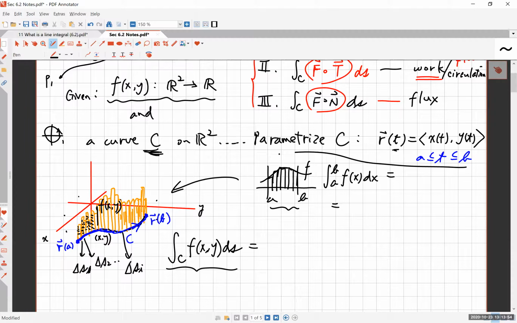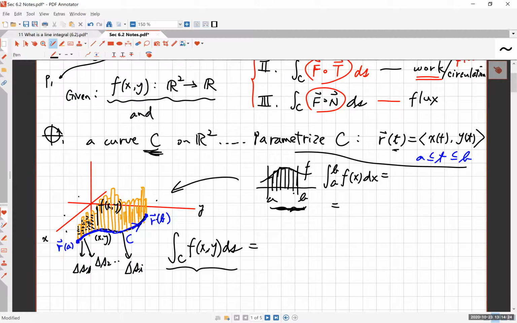Now, remember, in Calculus 1, we always go back to Calculus 1 before we attack a new concept in Calculus 3. And so we talked about the very first time when we talked about definite integrals, we had the function f defined on the closed interval [a, b]. And the integral over [a, b] of f(x) dx was defined as, you remember this? Well, you partition [a, b] into smaller, smaller, and smaller subintervals.